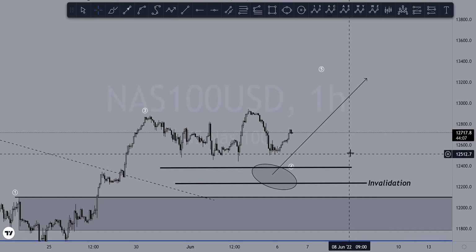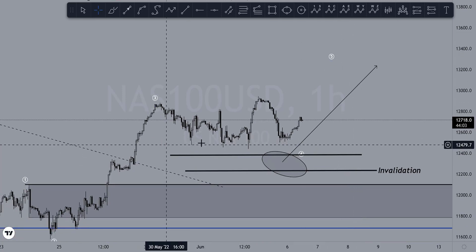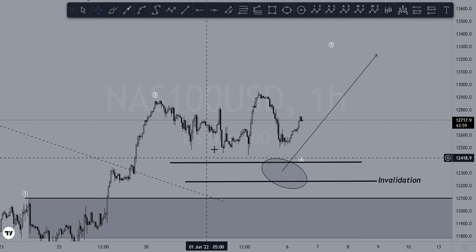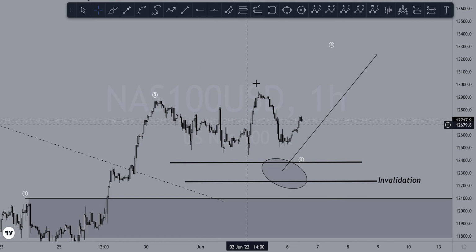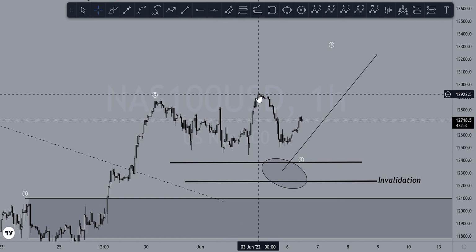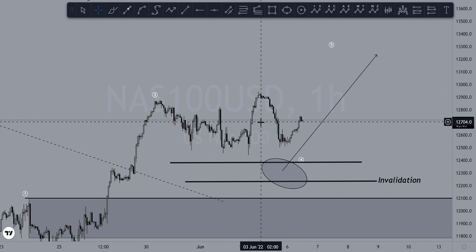So this is what we have, almost equal lows there, which is not a problem. And I'm saying that this 1, 2, 3, to me, I wouldn't take this as a possible 5th wave. So to me, this alone looks like it's a big correction.